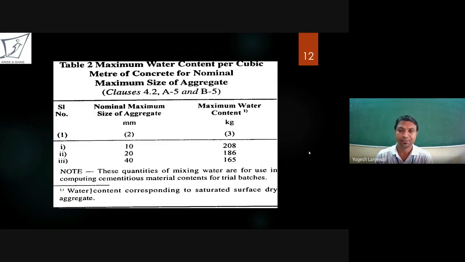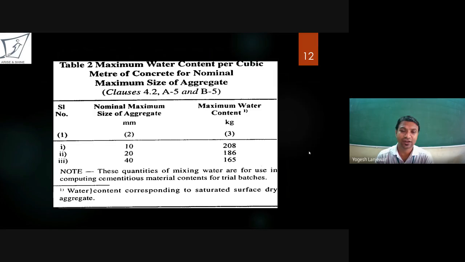If we go for 10 mm, then the water content is 208. If we go for 20 mm, then the water content is a little bit reduced, that is 186 kg. If we go for a maximum size of 40 mm, then water content is again reduced to 165.